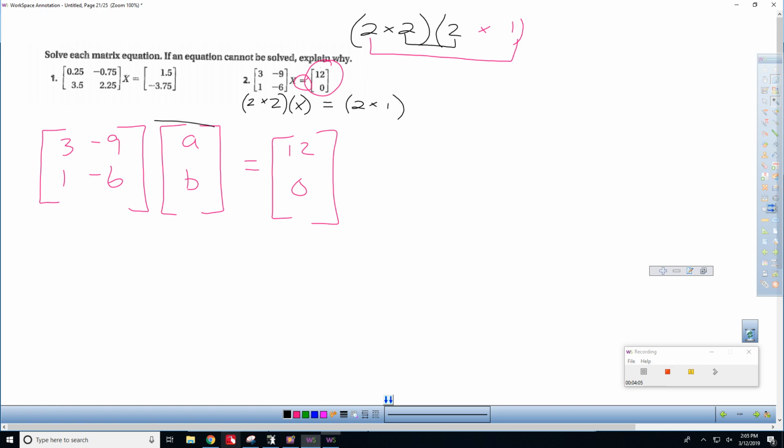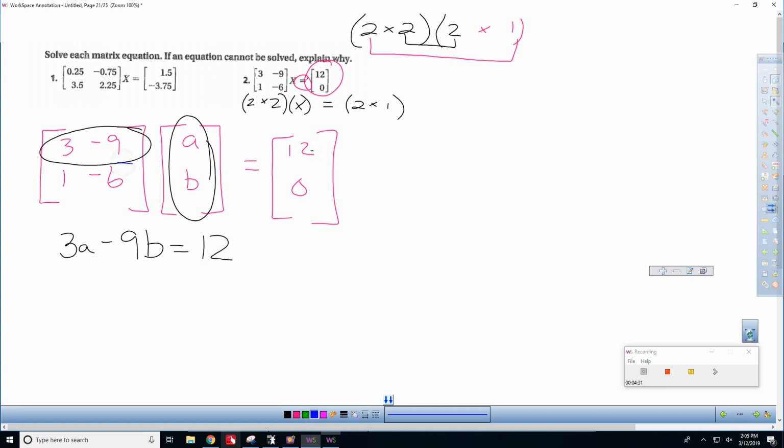That's okay, just do one step at a time. Row by column. Excuse me, I totally screwed that up. Row by column. So 3A minus 9B equals 12.